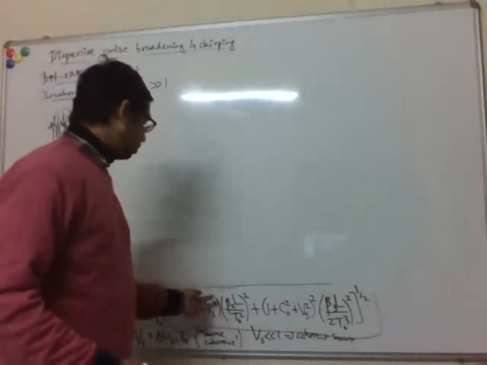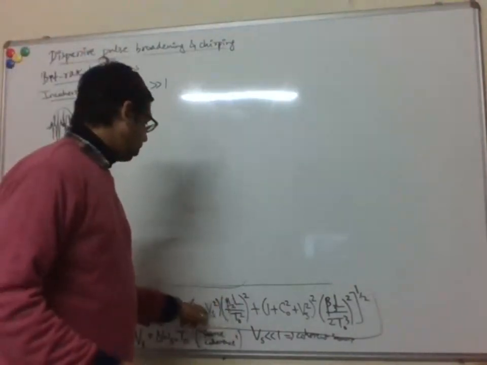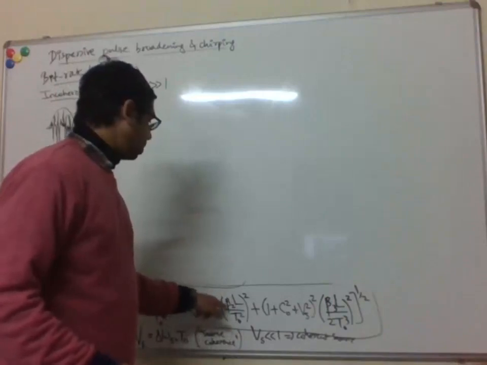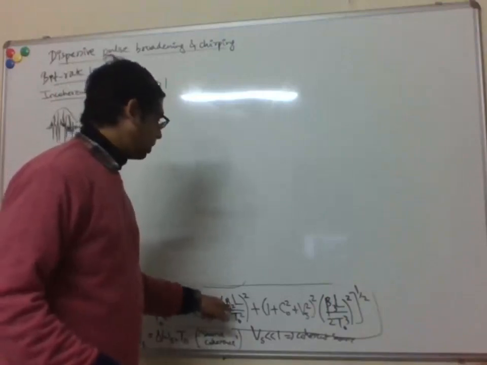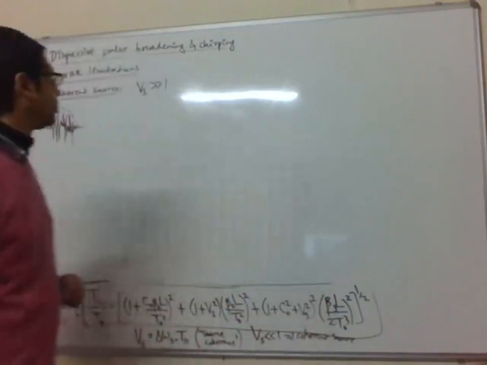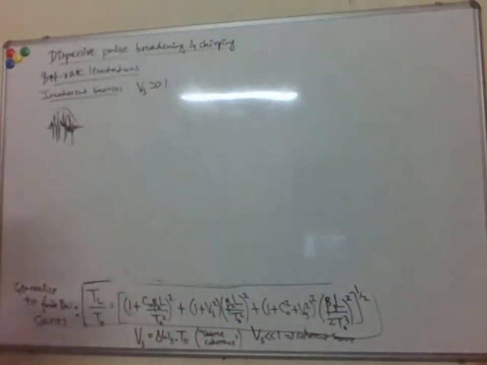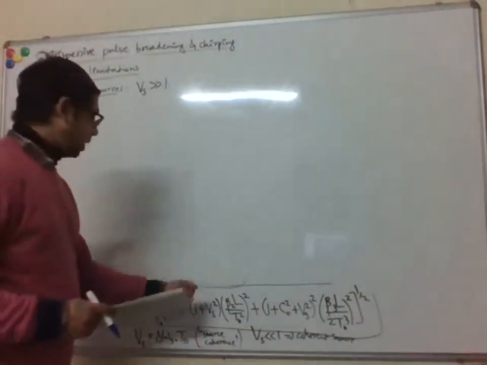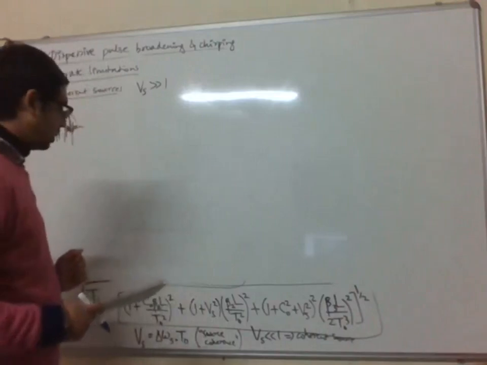Okay, and if you're operating close to zero dispersion, if beta 2 is very small, then the next term with V_S matters. But let's say we are operating away from the zero dispersion point.